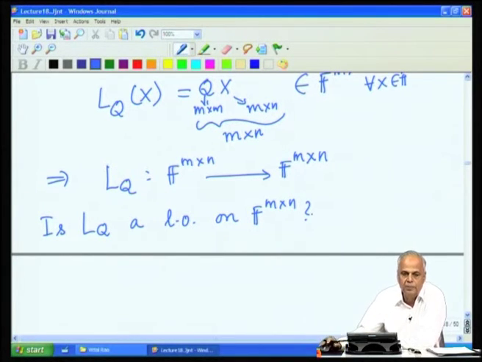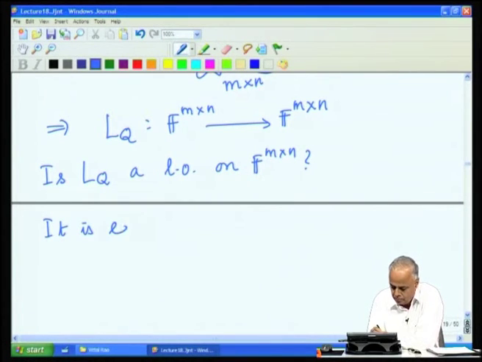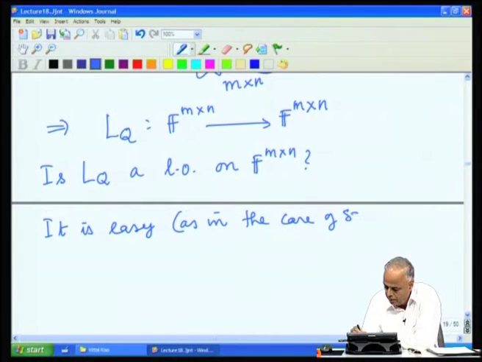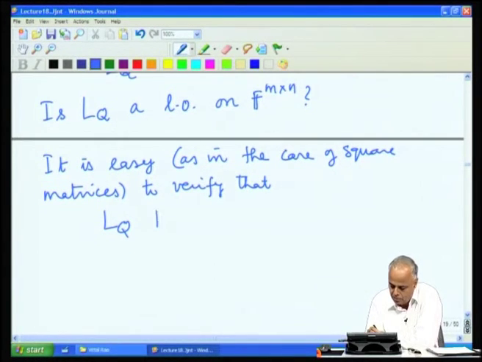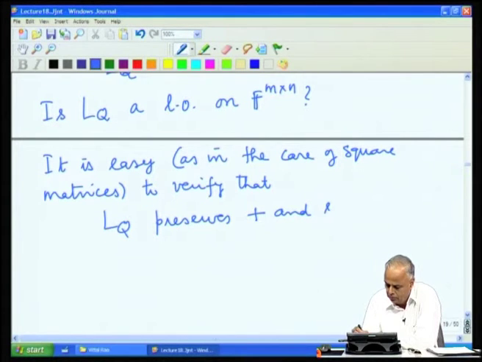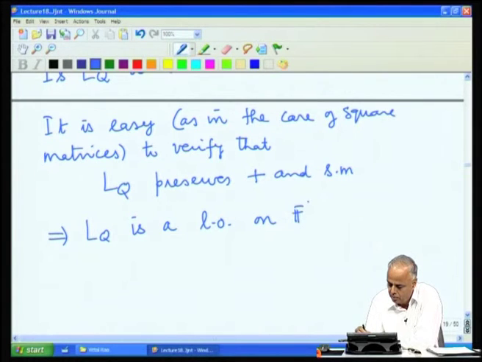Along the same lines as we did for the square matrices, we can verify that L q preserves addition and scalar multiplication, and therefore, L q is a linear operator on F m cross n.